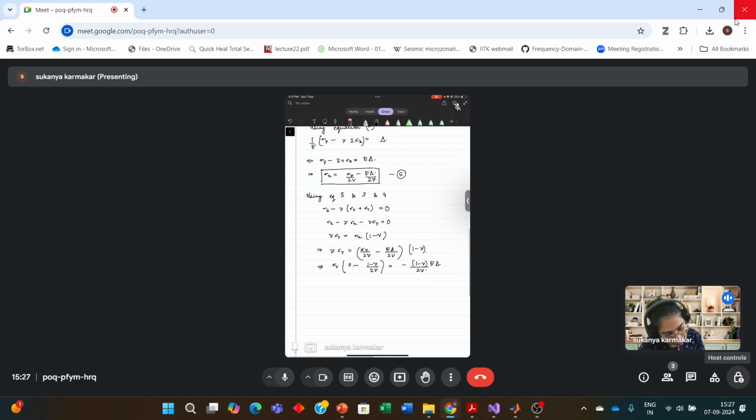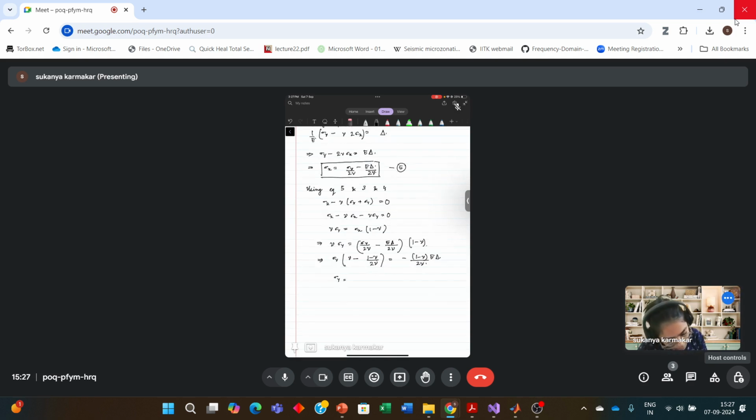So from here, if we solve for sigma y, I'll give you the simplified expression. It will be 1 minus nu by 1 plus nu, 1 minus 2 nu into E delta.